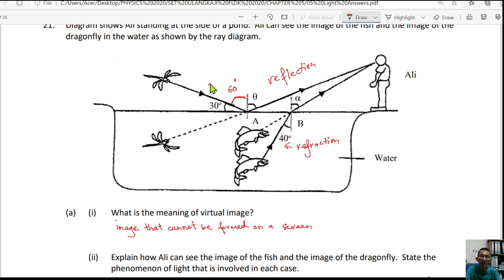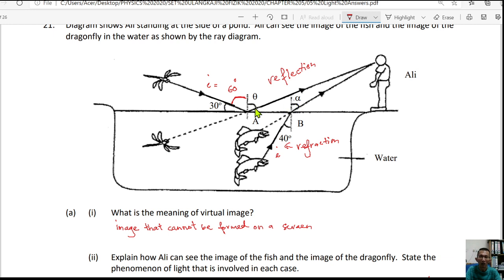So the angle I here is 60, and theta is our angle of reflection. And this 40 degree here is the angle of incidence for our refraction of light. Alpha here is the angle of refraction, because our alpha is already drawn with respect to the normal.